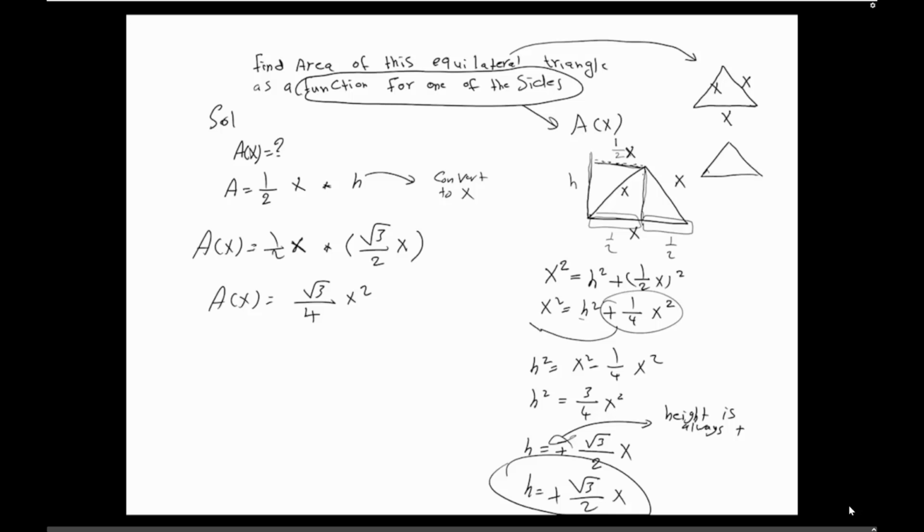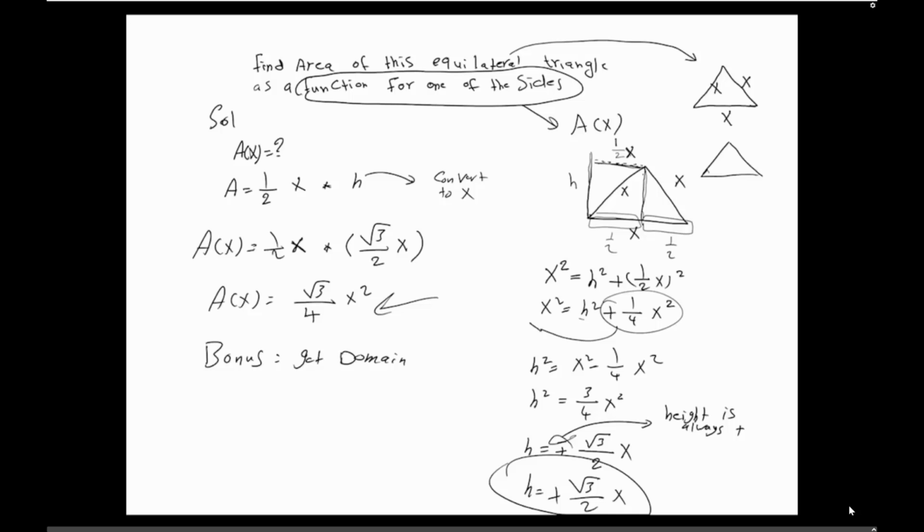And as a bonus, we're gonna get the domain. How are we gonna get the domain? As you guys know, the area can't be negative or even 0, because we want the area to at least be positive, because that's how we're gonna represent the area.